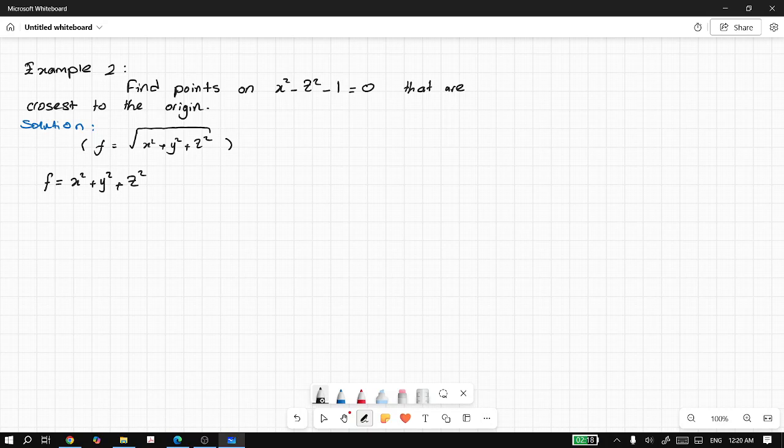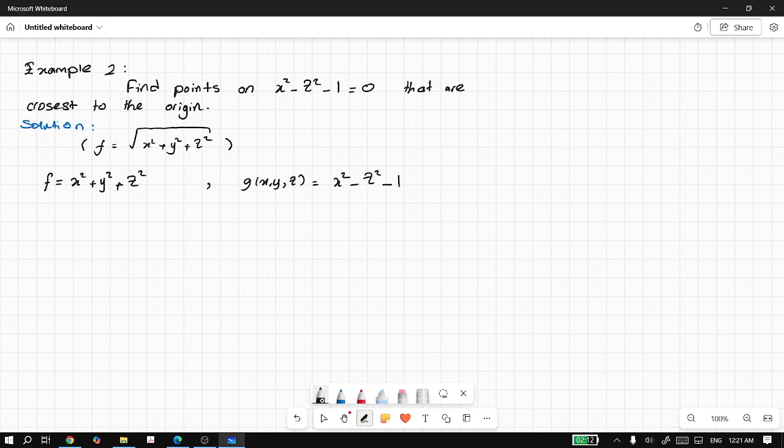That's why we could use that function without the square root to minimize the distance. And we are minimizing it with respect to g of x, y, z, which is equal to x squared minus z squared minus 1.